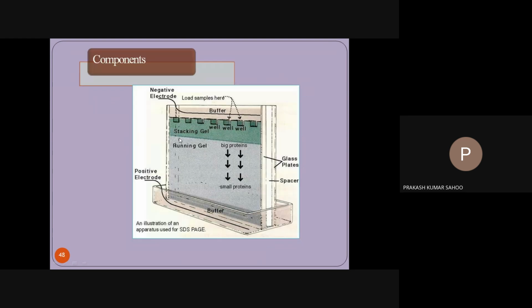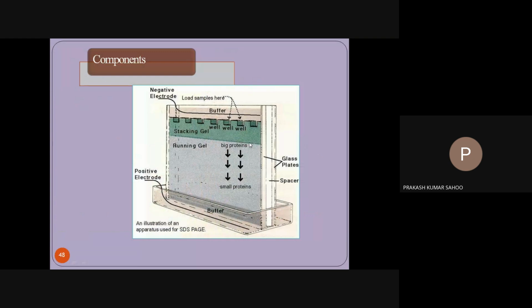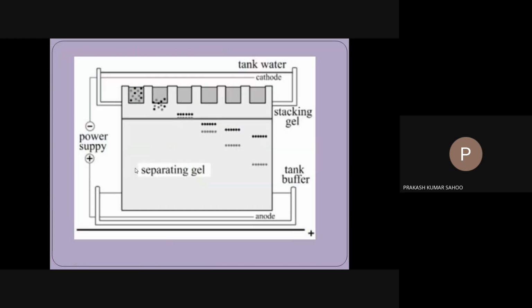Then we have the components of your SDS-PAGE, just like this. Then this is the pictorial form. This is the actual one, SDS-PAGE. Yes, this is the one, and we have some power supply here. Anode is here.